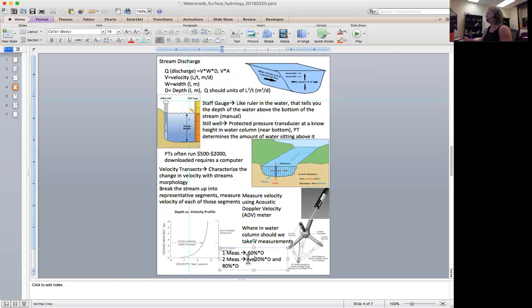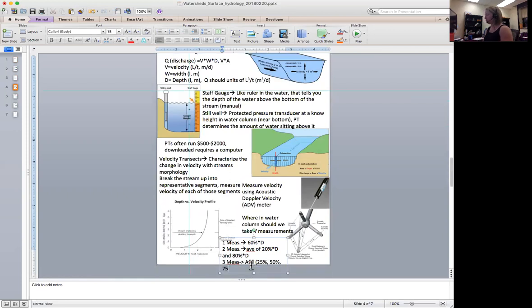And if we have 3 measurements, then we take the average of 25%, 50%, and 75%.